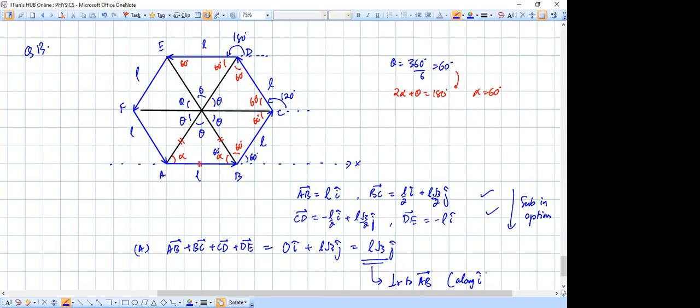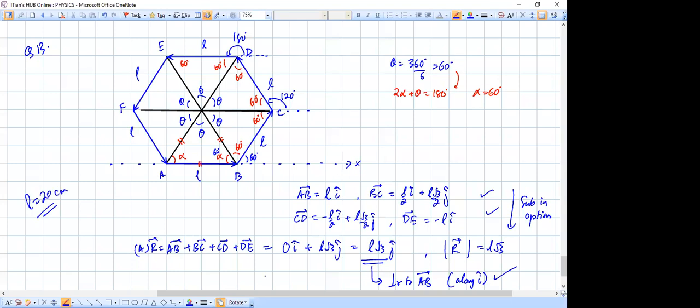And its magnitude, mod of that whole thing, this resultant is R, let's say. So the magnitude of the resultant is L root 3. L is given to us as 20 in the question. So that's an example of how we can check all the options.